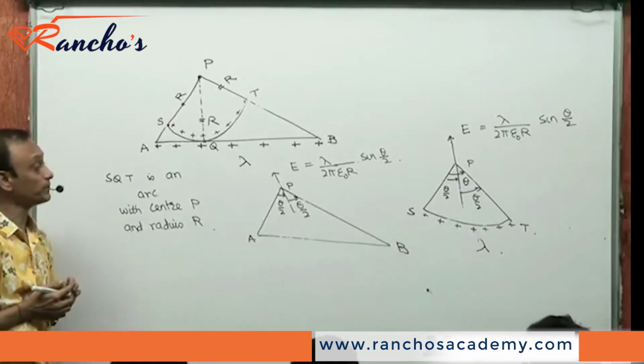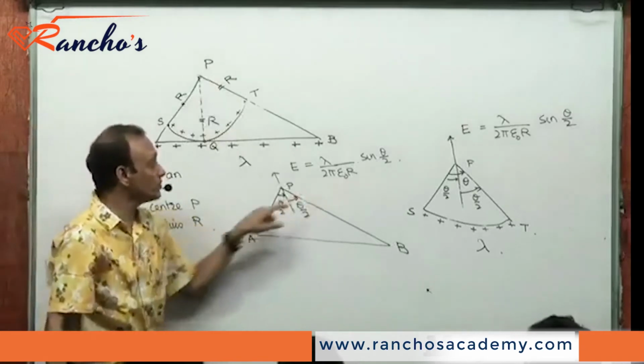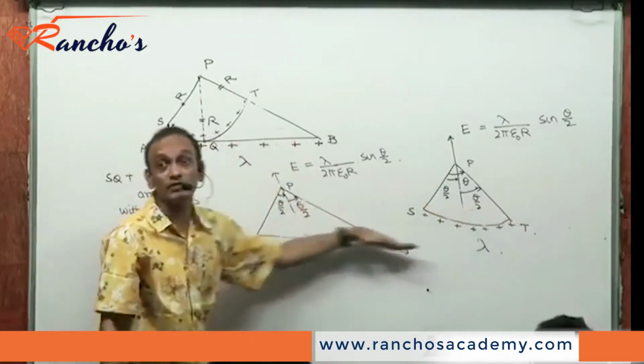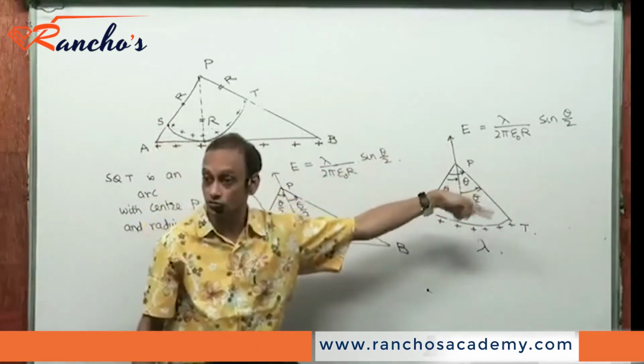That will be the field at P. It will be along the angle bisector at P, and the magnitude will be the same as the field produced by this arc of charge. That means this line of charge could have been replaced by an arc, which would have been a lot easier to deal with.